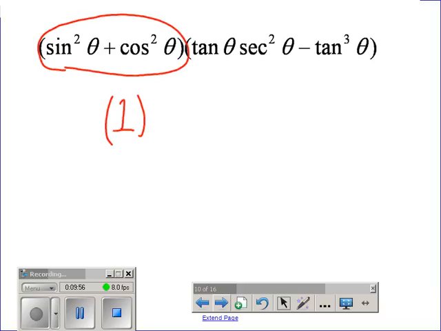Now we notice that this has tangent in common, so I can factor out a tangent. I'm going to take tangent out, and I'm left with secant squared theta minus tangent squared theta.